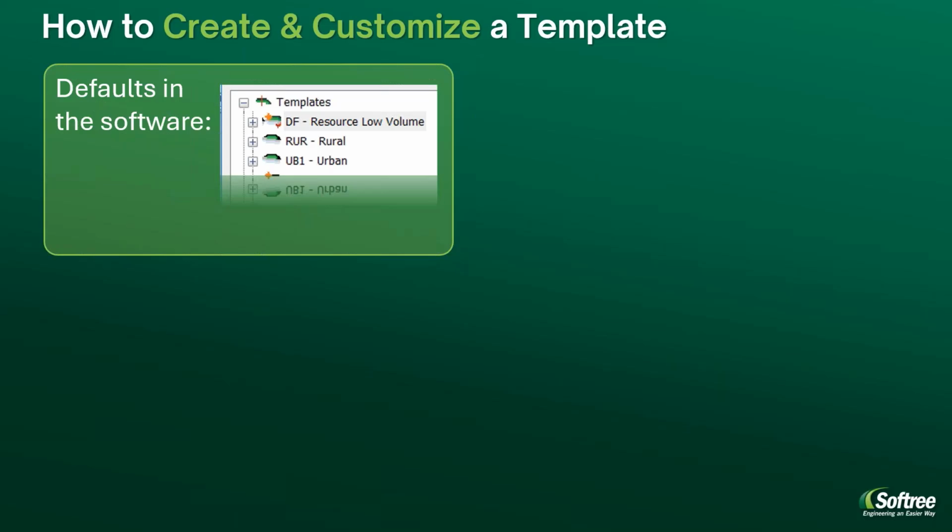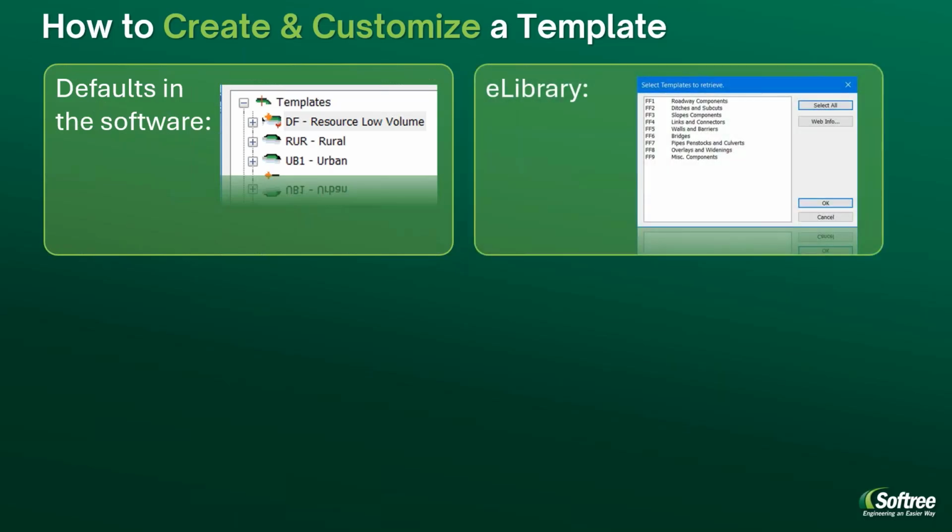We then have our eLibrary available through that template editor dialog box. You can press the eLibrary and that's going to bring you to a huge section where you can select all the different components and bring them in and then pick and choose the ones you want to include in your particular template. We've got a lot of different components under each of the different folders and you can leverage those, customizing them further, adding them into the construction order of your particular template.